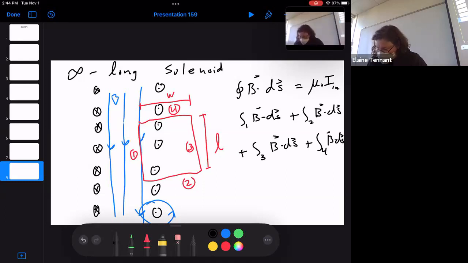And let's take care of 2 and 4 really quick. When I take the dot product, so let's start with 2. My ds's are just small chunks of that line. My magnetic field, if it encounters it, is going that way. What is the dot product between those ds's and the magnetic field?